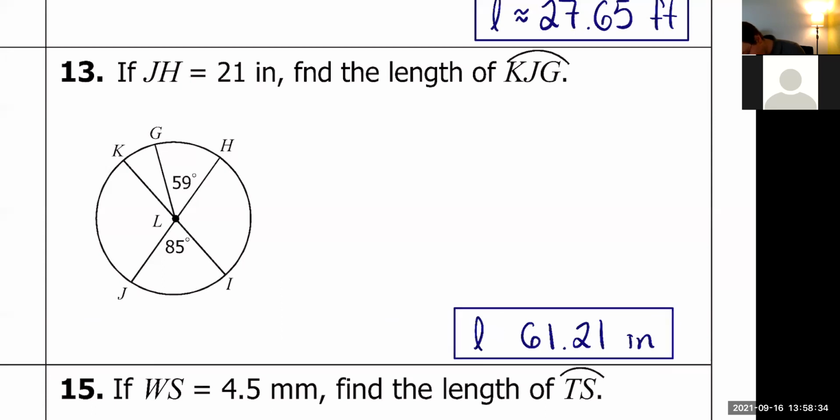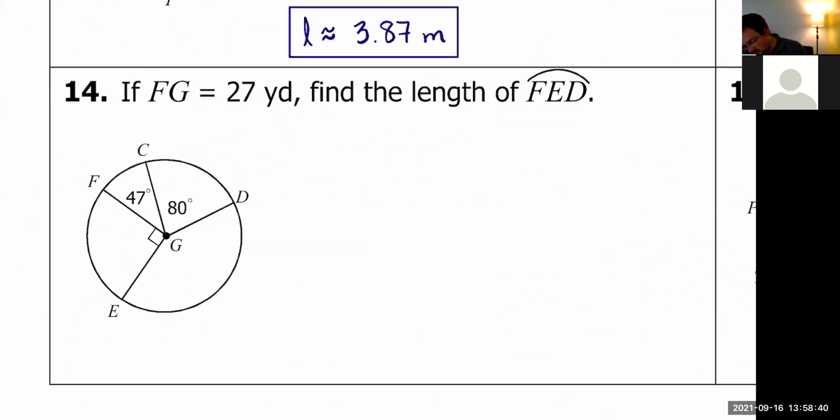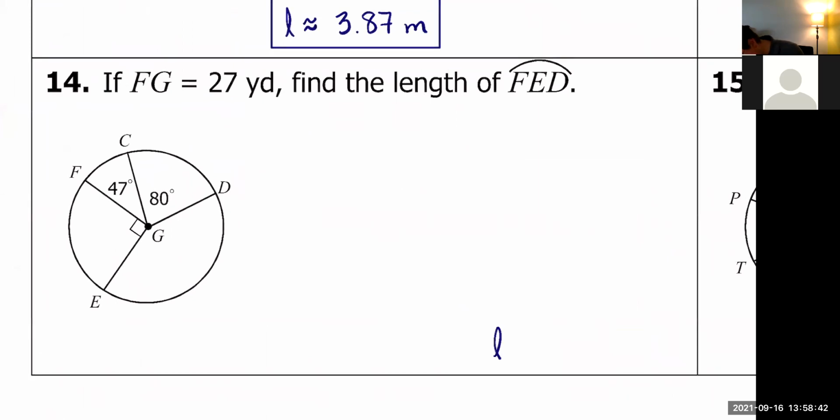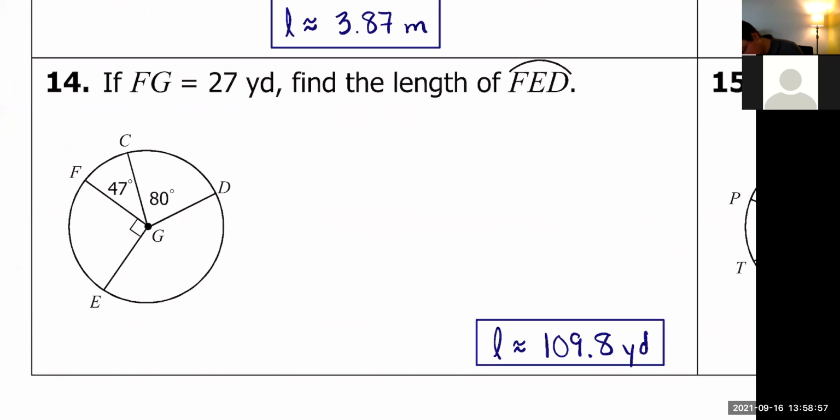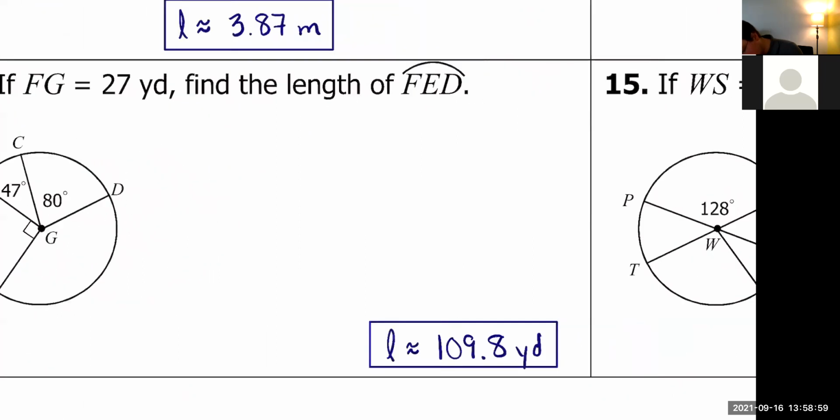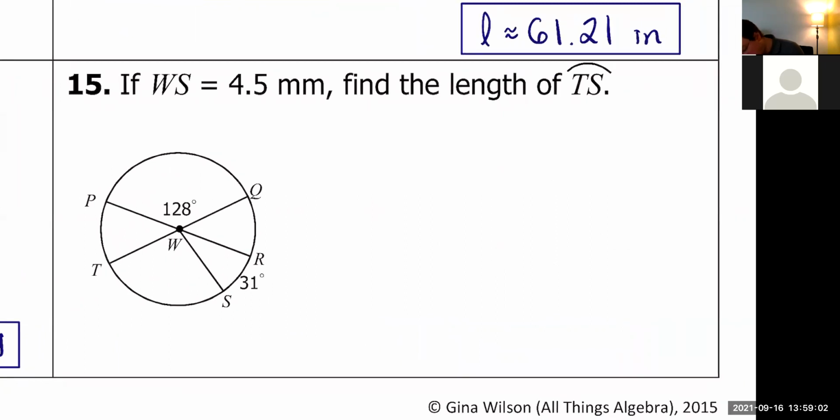Said approximately, but then I put equals. 14, you should get that the length is approximately 109.8 yards. And number 15, if you try this one out, you should get an approximate length for the arc of about 7.62 millimeters.